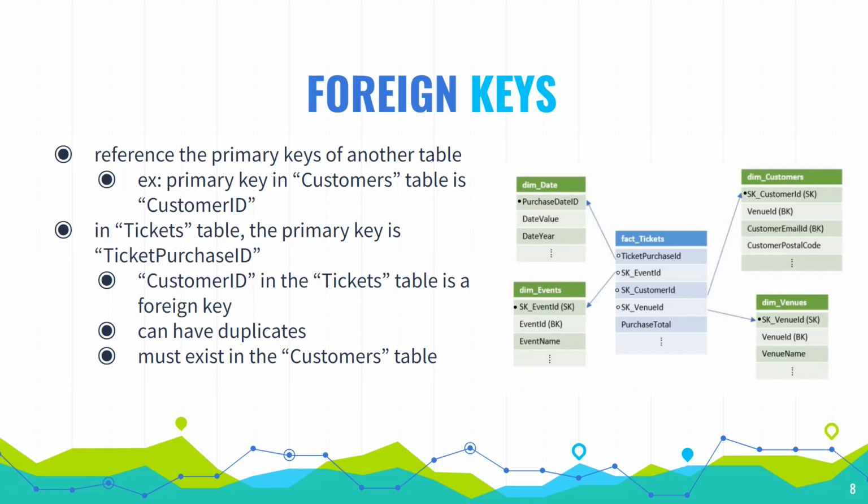You guys can look into this more by yourselves. Foreign keys can also have duplicates. And this is just an example of how you could use keys to connect different data tables together and show the relationships.